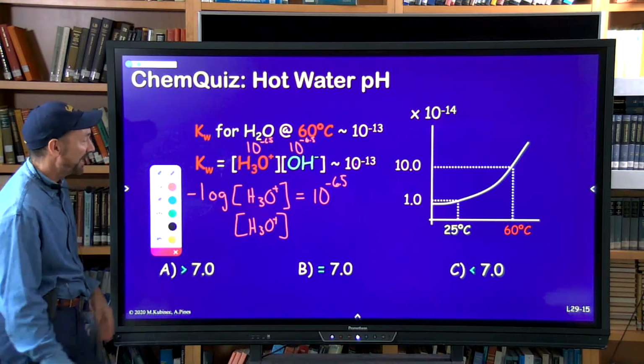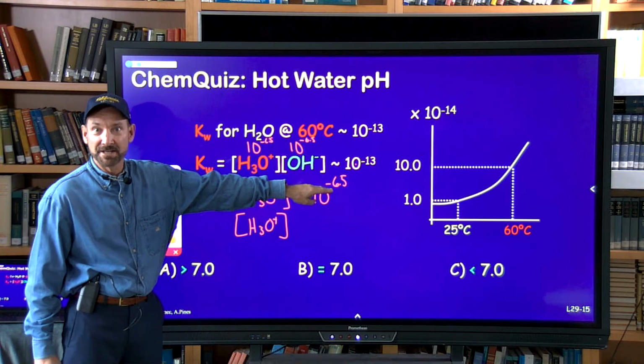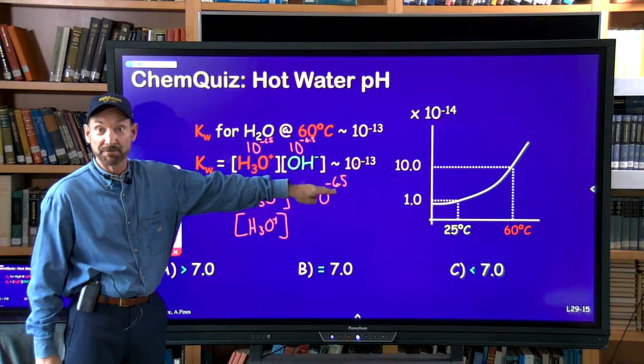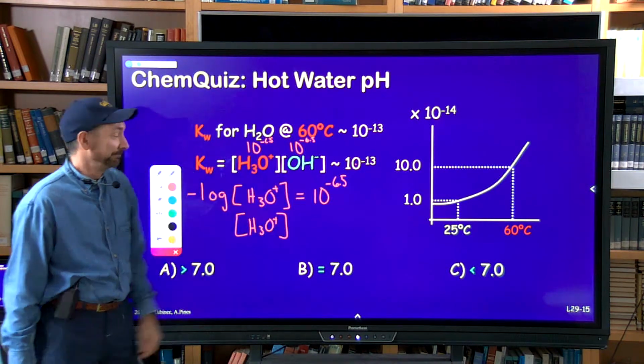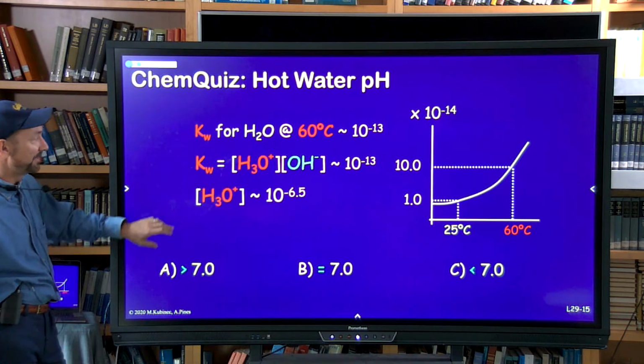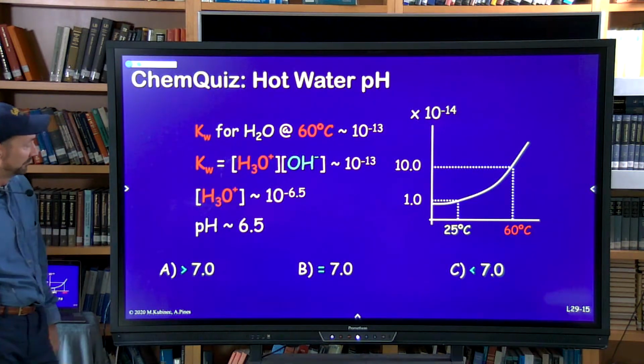That makes the math easy, because the pH is the opposite sign of that exponent. So the pH is 6.5. So what's the pH of hot water? Less than 7. Minus log of that is 6.5.